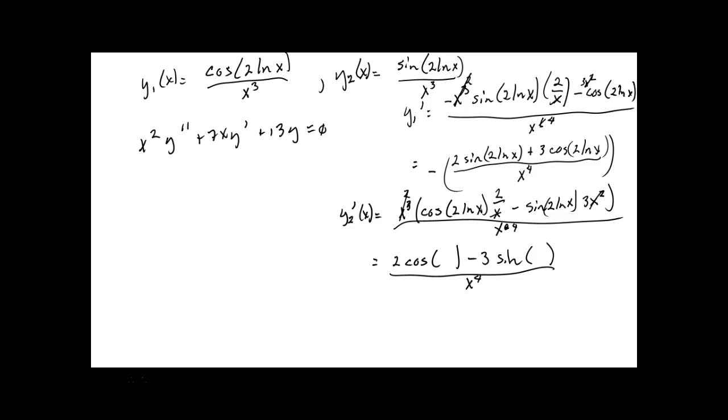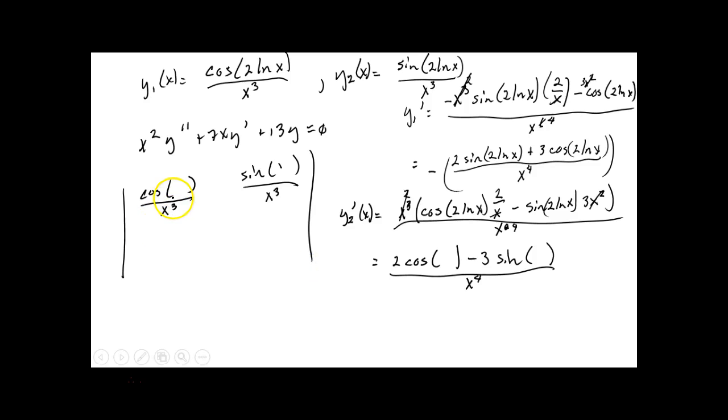Okay. So, what is our Wronskian? This is a 2 by 2. So we finally get to do a determinant. And what we put in the first row are your functions, y1 and y2, f1 and f2, whatever you want to call them. That's the determinant of cosine of this thing over x cubed and sine of this thing over x cubed.